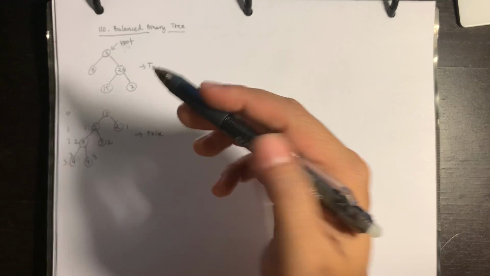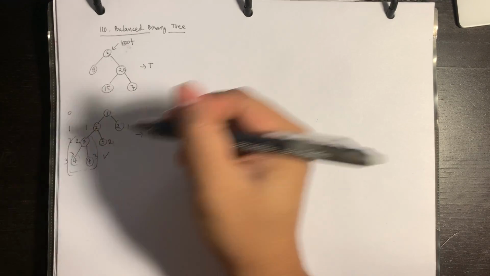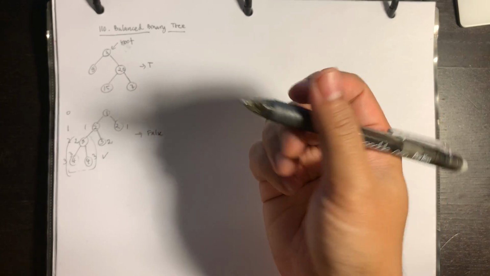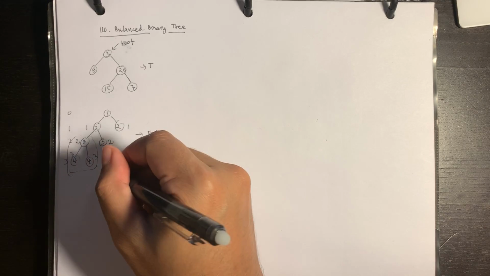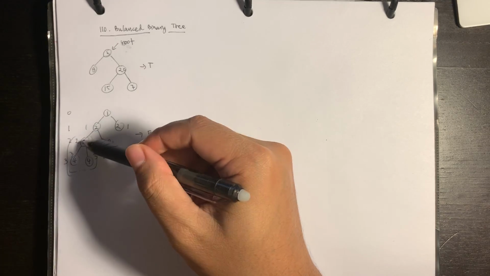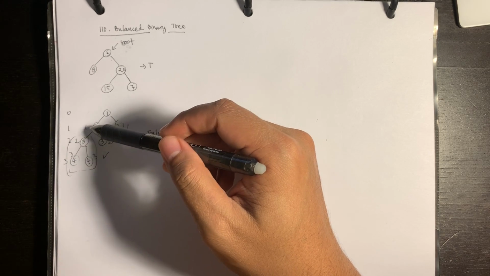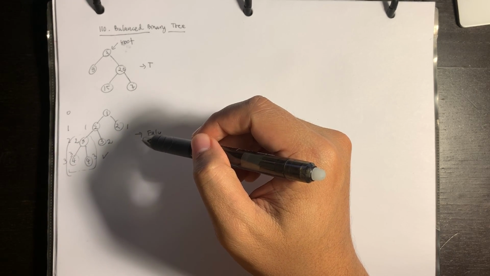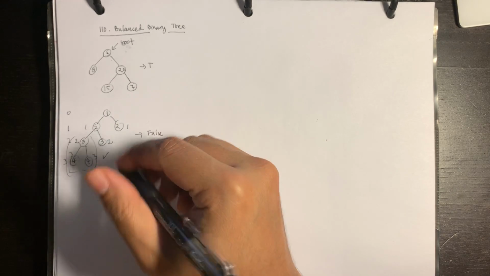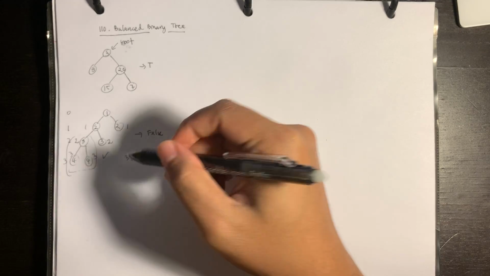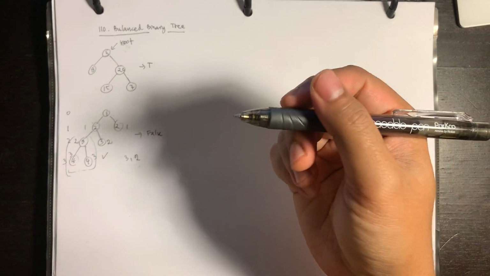Since they are both 3, this level is okay. So we can check that level, and then we pass back. Since we got 3 here, we want to update 3 to here. So we return 3 and 2. Since it's 3 and 2, there's only 1 difference, so this is also true as well.